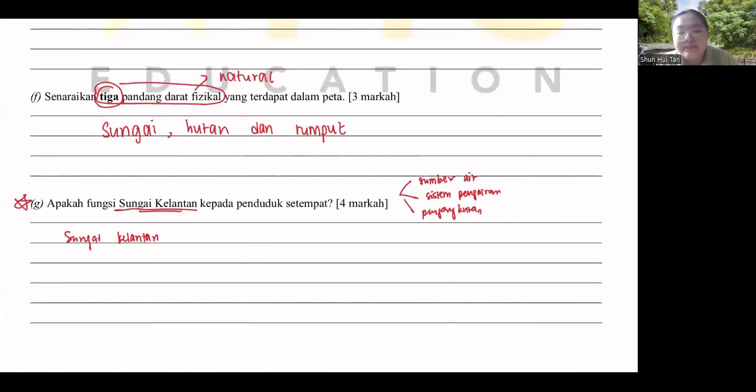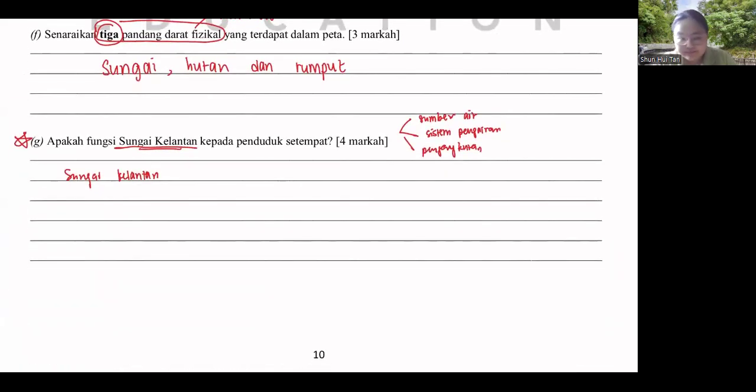So if you want to write pelabuhan, it's a bit tough. So Sungai Kelantan berfungsi, okay, sebagai sumber air, okay, sumber air untuk kegunaan harian penduduk setempat.